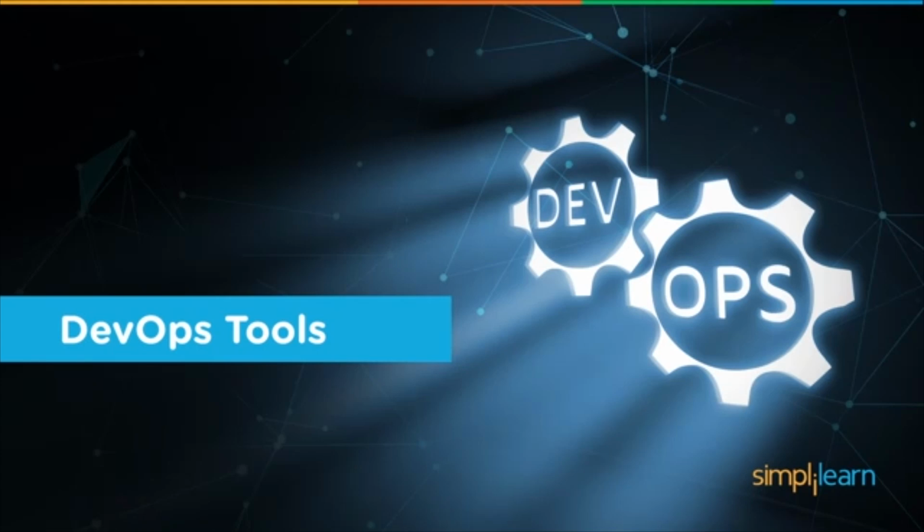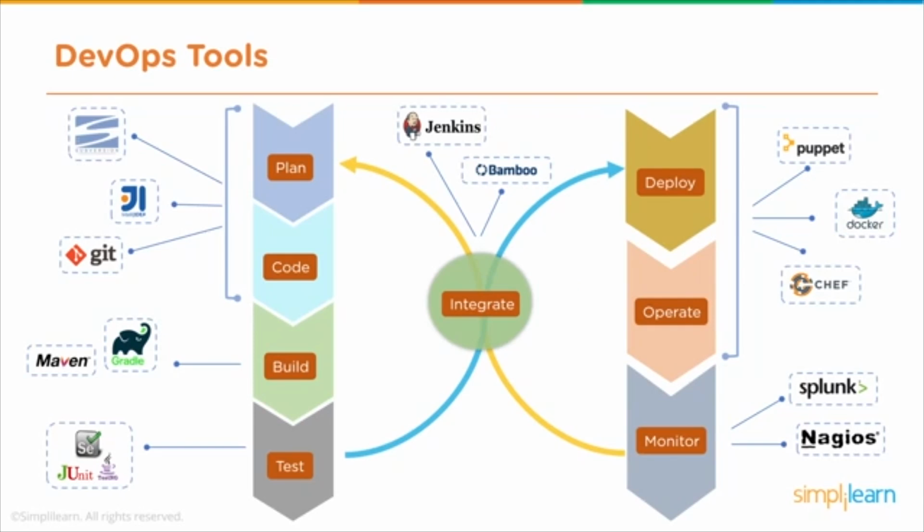So let's step through some of those tools that we have in the DevOps environment. So here is a breakdown of the DevOps tools that we have. And again, one of the things I want to point out is that these tools are open source tools. There are also many other tools. This is just really a selection of some of the more popular tools that are being used. But it's quite likely that you're already using some of these tools today. You may already be using Jenkins. You may already be using Git.